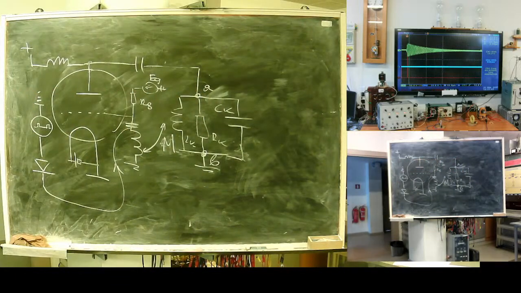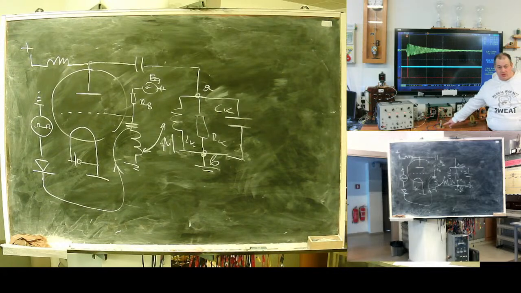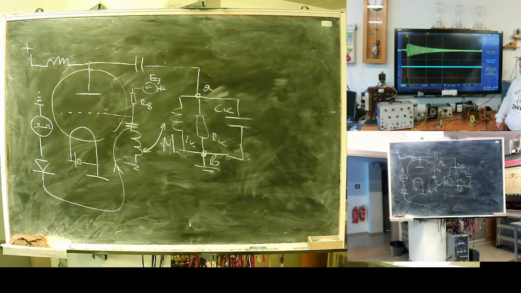Here is my capacitor for my contour, here is my coil, and this movable one is the coil of feedback. They are coupled with mutual inductance. It's my system.